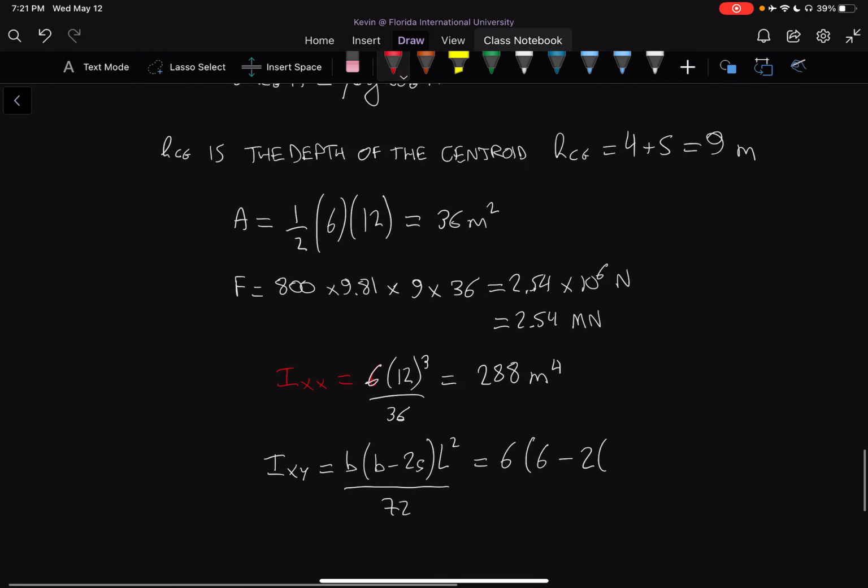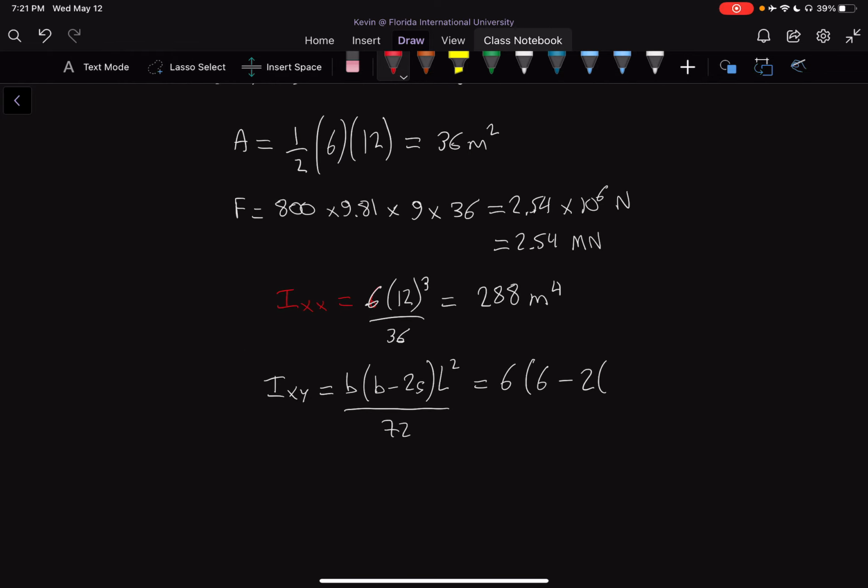So S is equal to B. So it's going to be 2 times 6 times 12 squared, the length squared, divided by 72. And that is equal to minus 72 meters to the 4th.